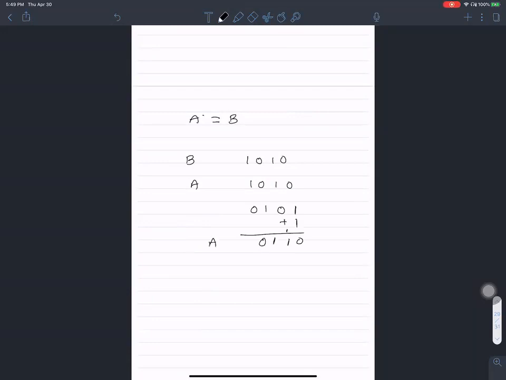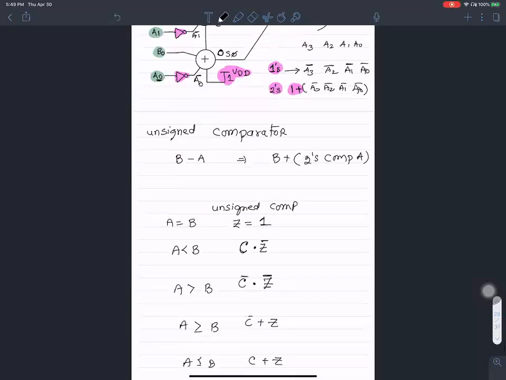So this is the 2's complement of A. So add 1010 to 0110. Then there's a 0 term over here, 0 over here, 0 over here, 1, 0. So all of these terms become 0. Does that make sense? Yes.